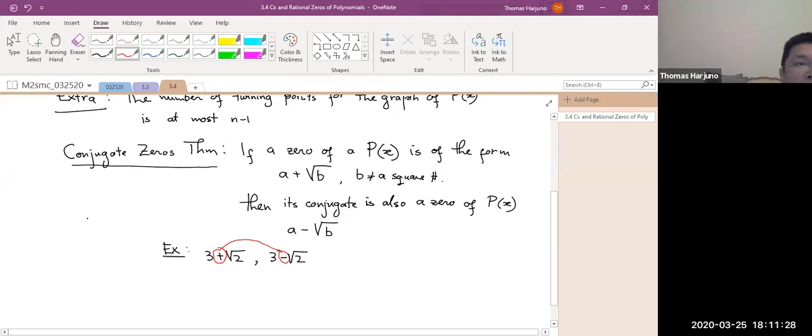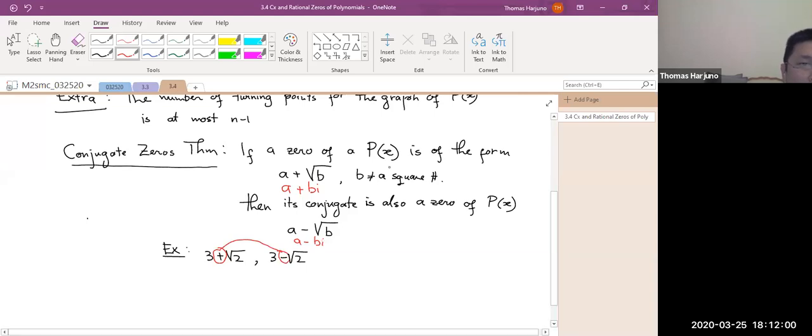Now the thing is, when I tried to find lecture videos online, I cannot find anybody among those instructors that quotes the conjugate zero theorem correctly. All of them talk about conjugate zero theorems in terms of complex numbers, a plus bi and a minus bi, which is true. But the conjugate zero theorem is actually larger than just complex numbers.